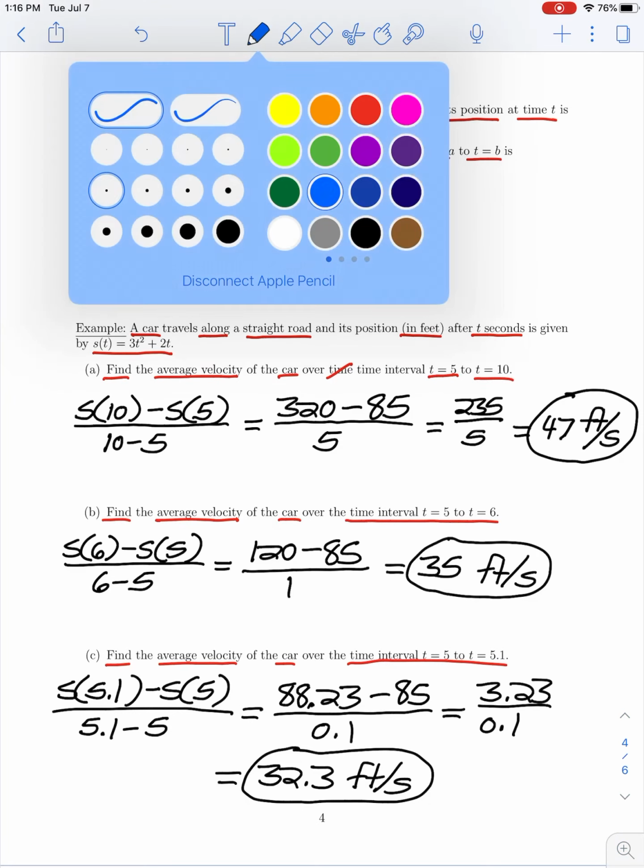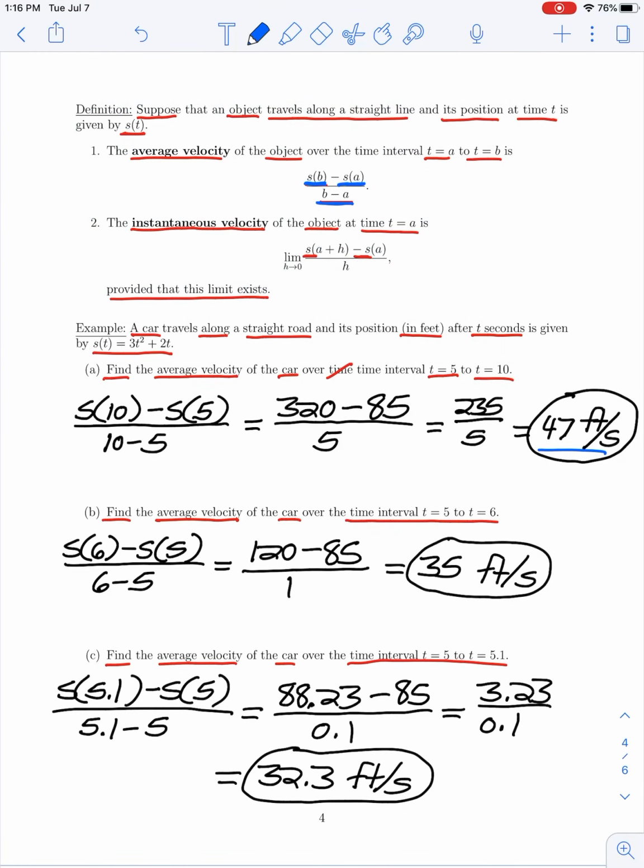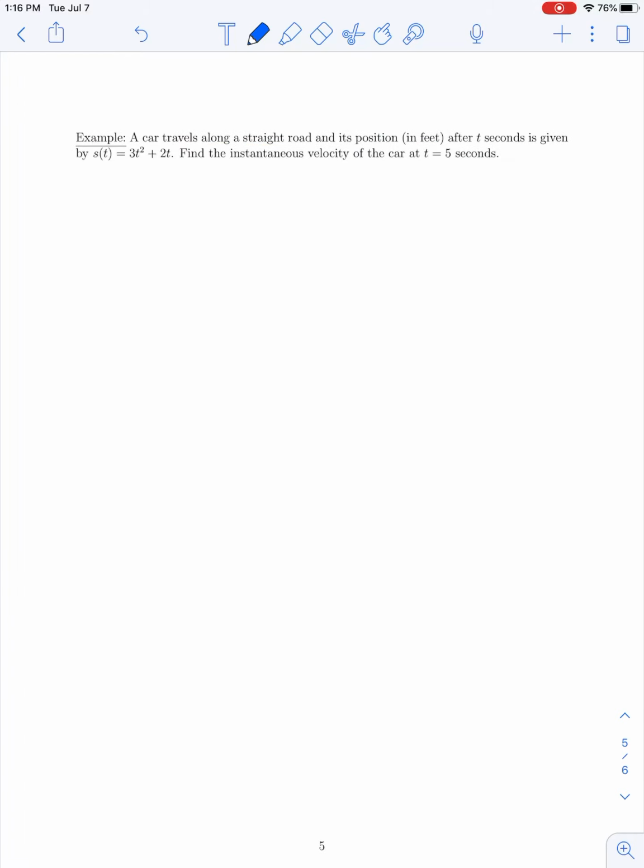So based off of the results that we found, starting with 47, then 35, then 32.3, we might suspect that our instantaneous velocity of the car at 5 seconds would be 32 feet per second. So let's see if we can establish that.